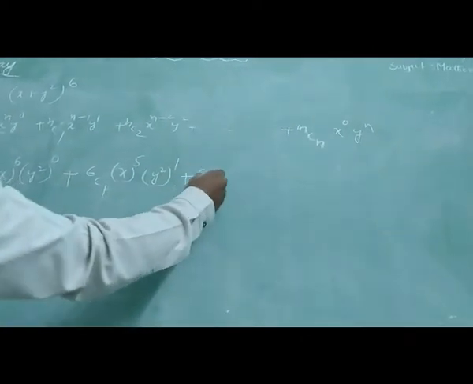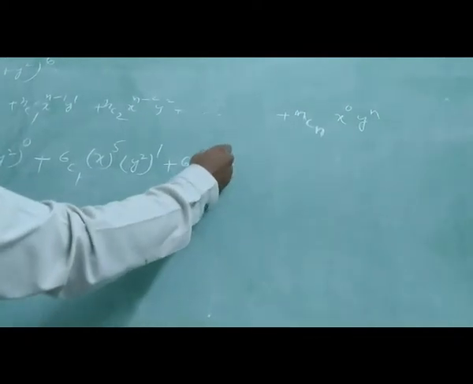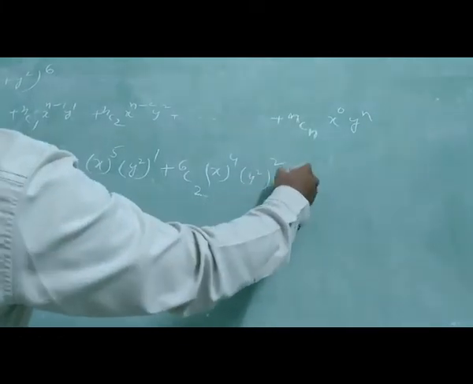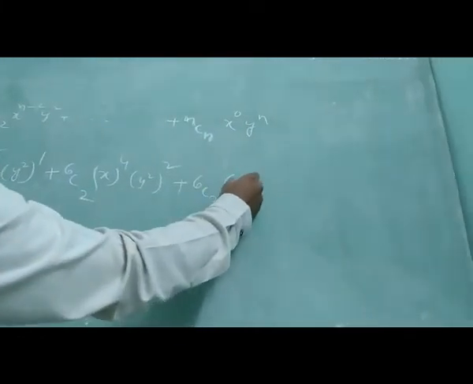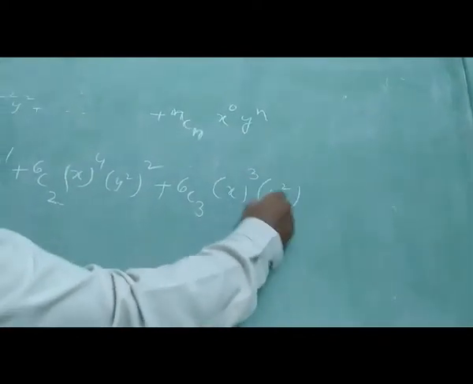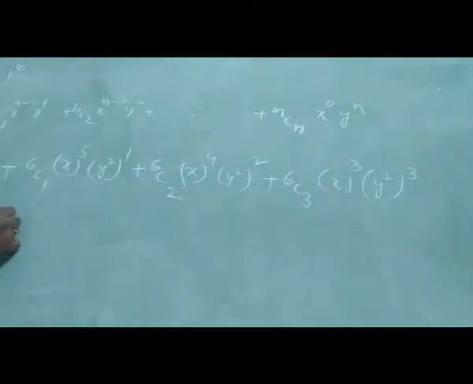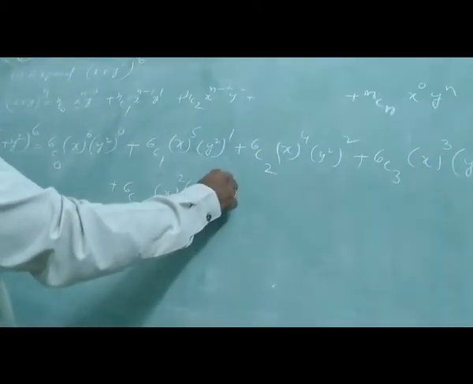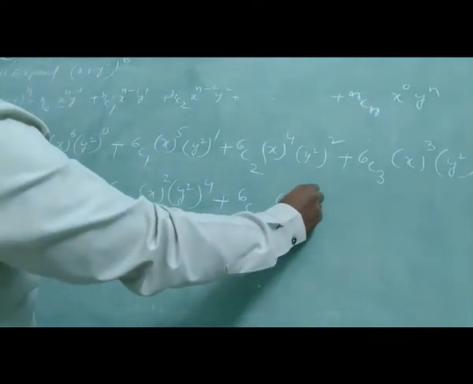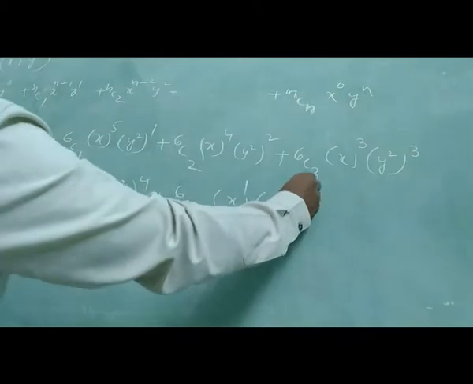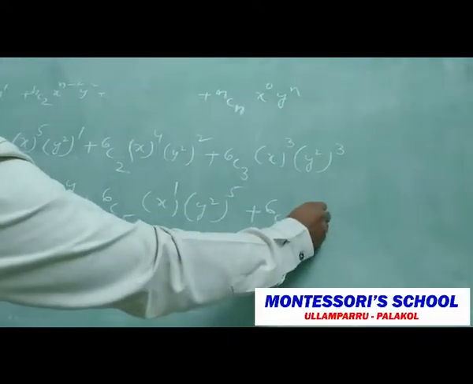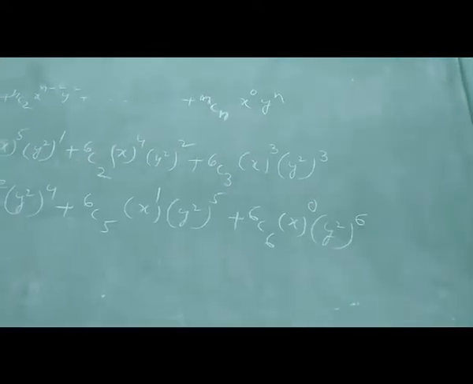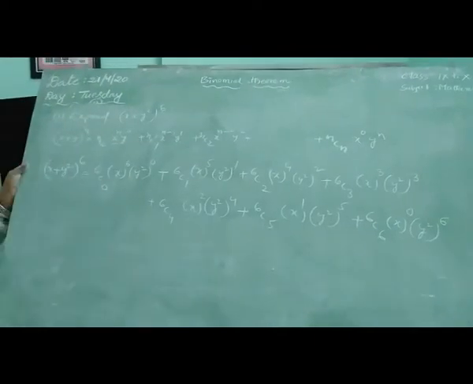Next 6C2, x decreases to 4, y increases, (y square) whole square. 6C3 x cube (y square) cube plus 6C4 x square (y square) to the power of 4, plus 6C5 x to the power of 1 (y square) to the power of 5, plus 6C6 x to the power of 0 (y square) to the power of 6. So it is the expansion. So after that you can simplify.